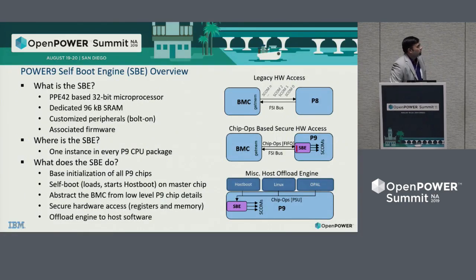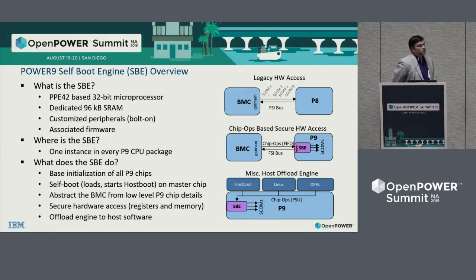So what is the SBE? It's basically a self-boot engine. Initially, before Power 8, the entire boot firmware to power up the chip and get the hypervisor loaded was done on the service processor, which sat off chip and had to connect to the main chip via the FSI bus.